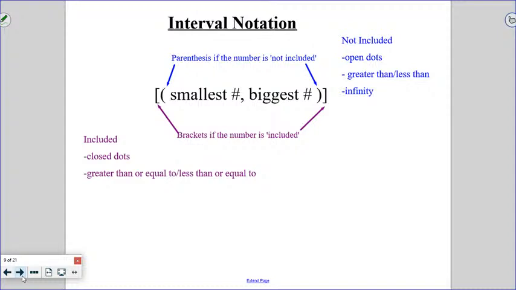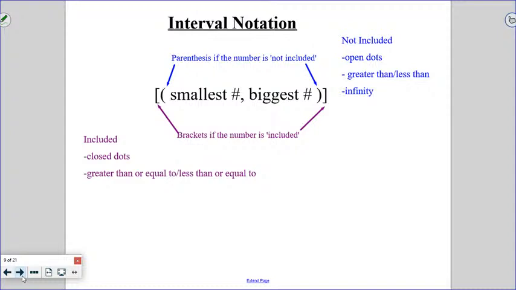It looks like an ordered pair, which can really mess with you at times because it is two numbers separated by a comma. Sometimes it also has parentheses around it. But it's indicating, and I'm going to show you this in a couple different ways, a set of numbers. All of the numbers between whatever the smallest number is and the biggest number.